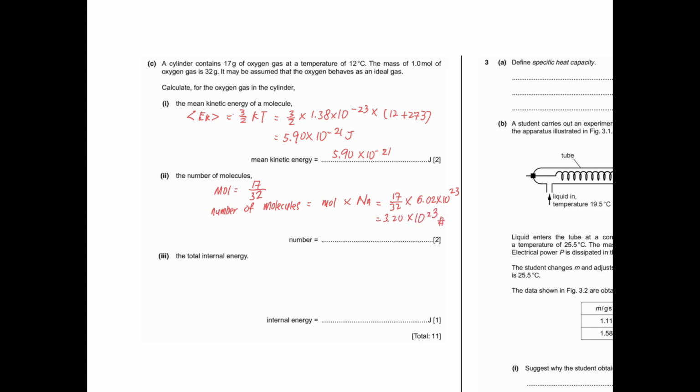Okay, so now the total internal energy. Okay, so we use this formula. Internal energy equal to potential energy plus kinetic energy.